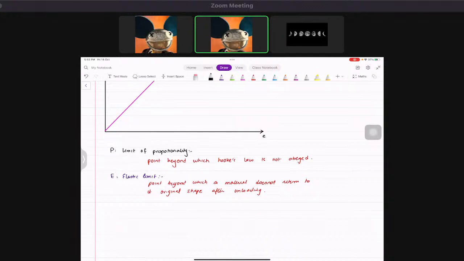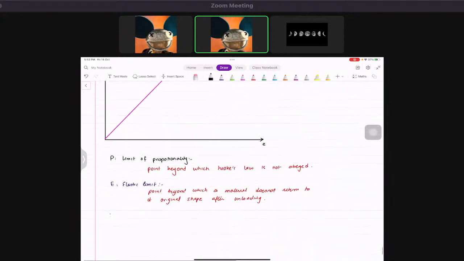The third thing is Y, and Y is basically the yield point.